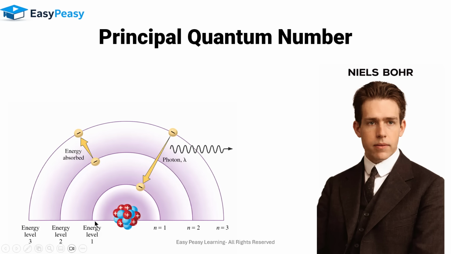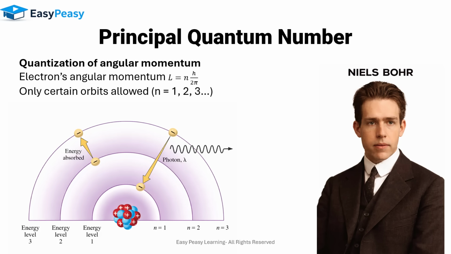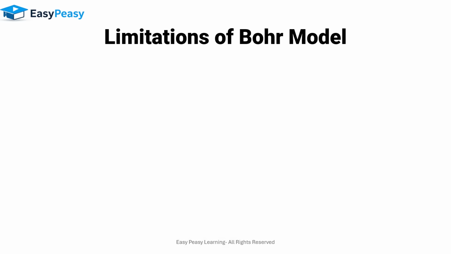So when an electron absorbs energy, it jumps from a lower level to a higher level. And when it jumps back to the lower level, it will release that energy in the form of light. So that's how he introduced the quantization of angular momentum of electrons, that only certain orbits are allowed in the atom. But this concept also has some limitations.